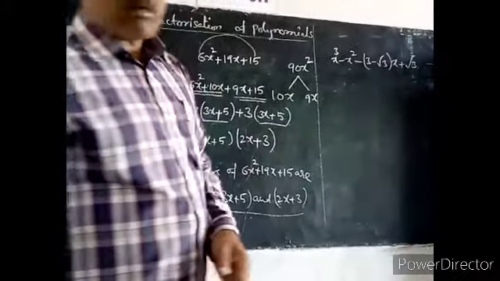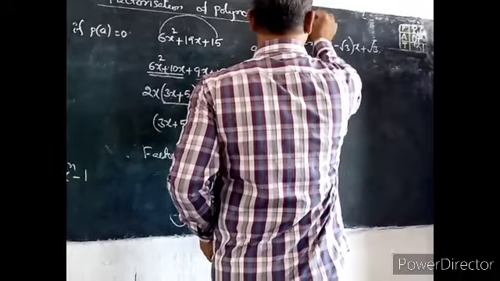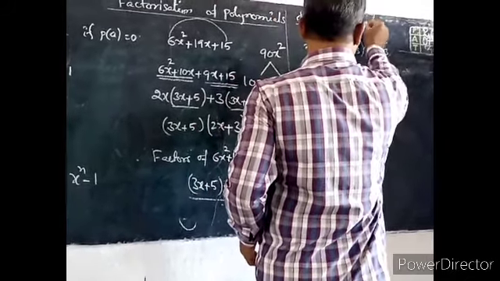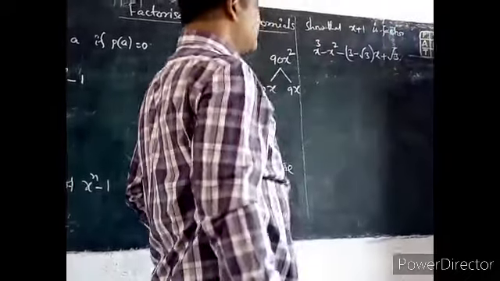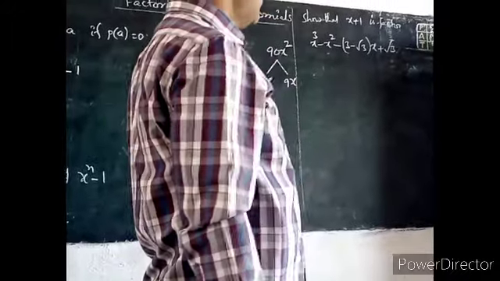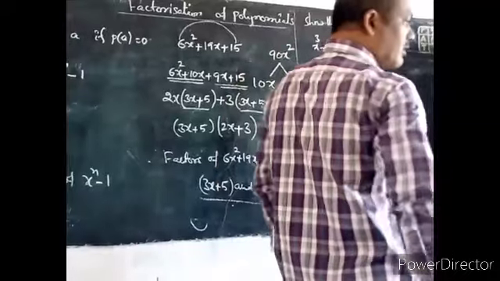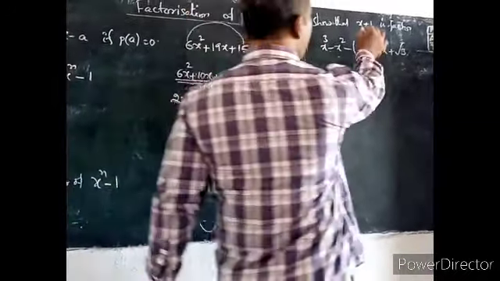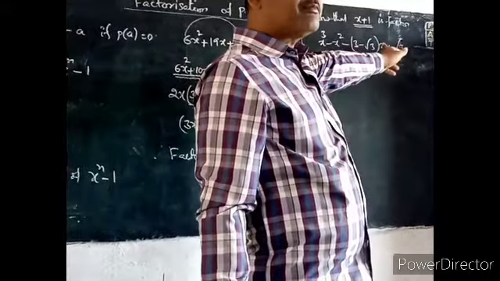What we have to do is show or verify that x plus 1 is a factor of x cube minus x square minus (3 minus root 3) x plus root 3. Just we have to substitute in place of x minus a. Here what exists now? x plus 1.